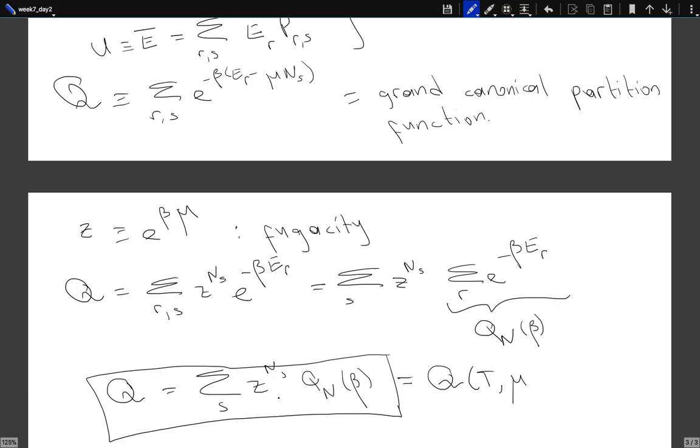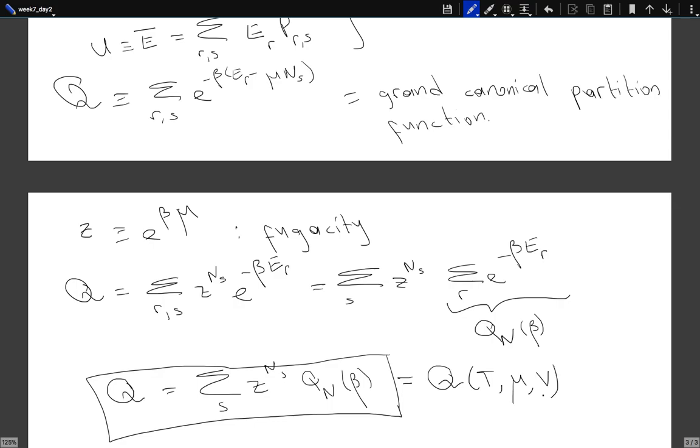Z is just a function of temperature and mu. And it also depends on the volume, because the canonical partition function depends on the volume through the allowed possible energy eigenvalues. Okay, so this basically allows us to calculate the probabilities, and once we have the probabilities, we can basically calculate whatever we like.